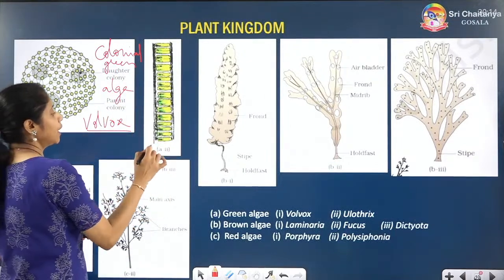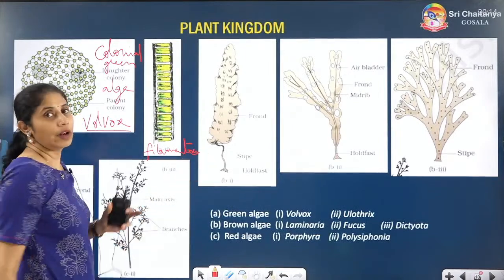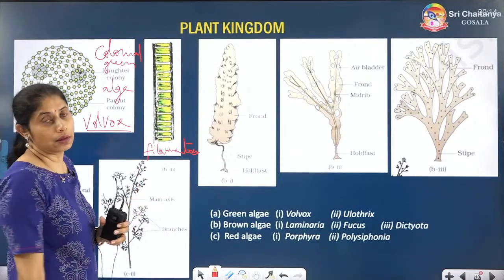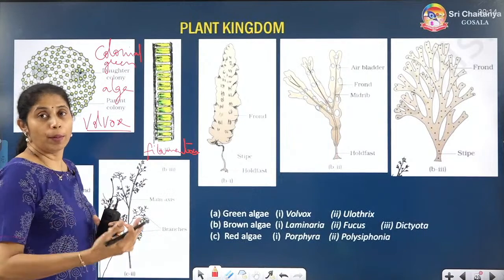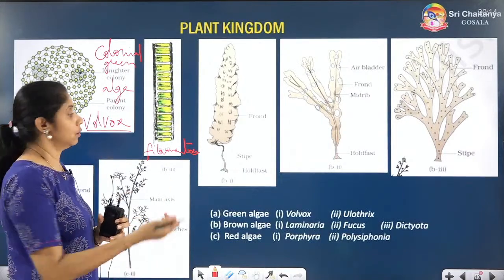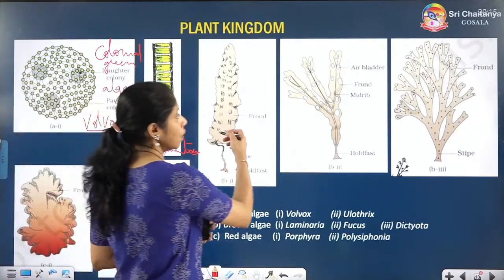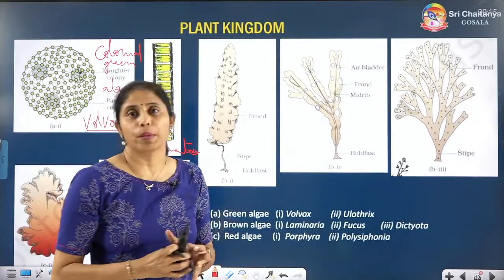This is a filamentous alga. It looks like a filament. Filamentous green alga, you can see the color also, green alga. This is Ulothrix. I have already written Ulothrix in the previous slide. Next one, you have the brown algae. These are all brown in color. Algae are categorized based on their pigments.